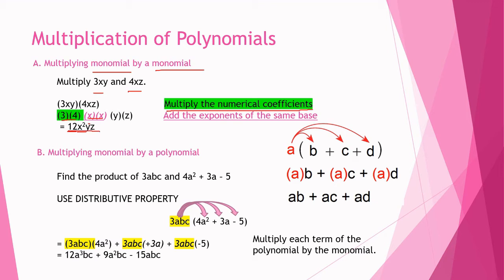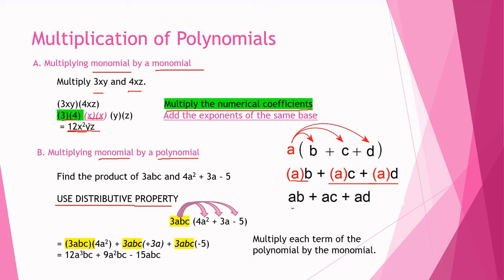Next, letter B, multiplying monomial by a polynomial. So in this case, you're going to use the distributive property. You're going to multiply each term of the polynomial by a monomial. So we have a times b plus a times c plus a times d.